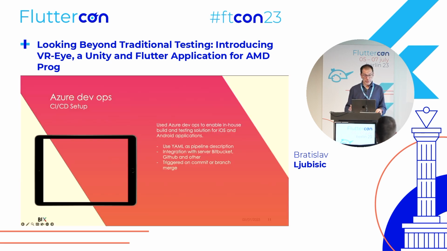The other problem that we encountered during the creation of this application is the continuous integration, continuous development setup. In our company, Boehringer Ingelheim, because it's a large enterprise company, we used Ionic for creating hybrid applications that are available on both platforms, iOS and Android.